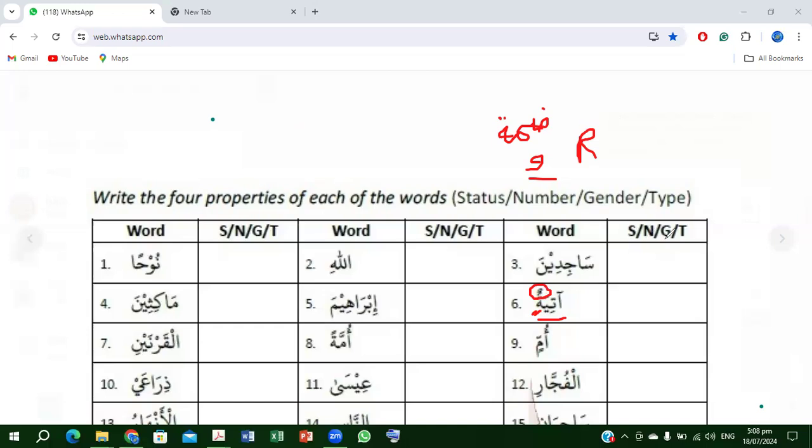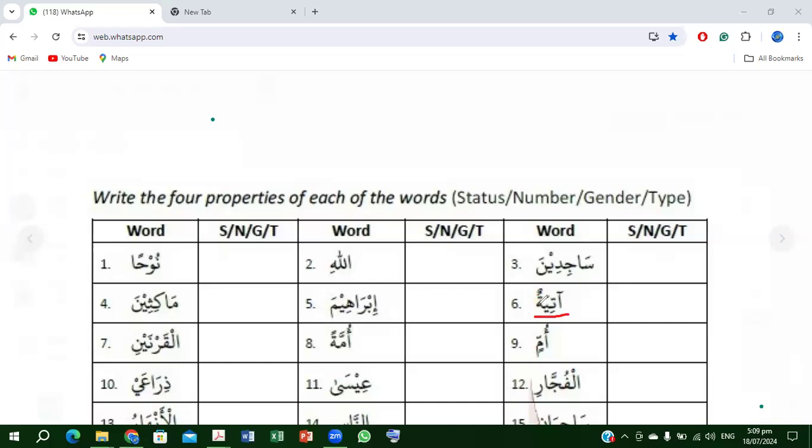And gender, female. How did you recognize? Because it has a ta at the end. That's the sign of female. So if it is female plural, then what could it be? I just said atiyatun. If you have to make it plural, how will you make?